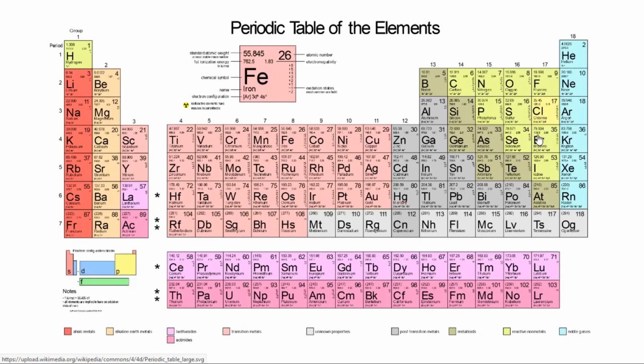Bromine is a liquid, and chlorine and fluorine are gases. Iodine is a solid. So this particular group, that is the halogens, has a metal and non-metals, as well as a liquid and gases. So that's halogens here.